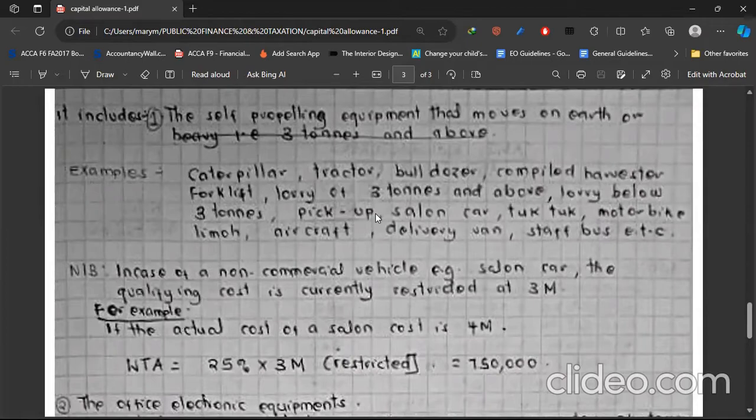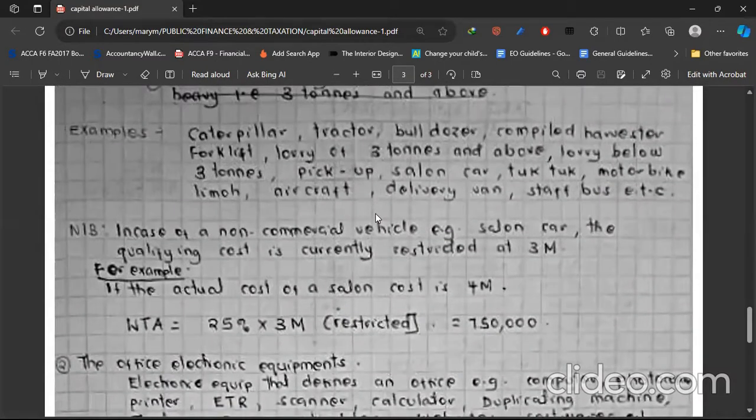But you need to understand the restriction: when we are dealing with saloon cars, they are normally restricted to 3 million Kenya shillings. For saloon cars whose purchase price exceeds 3 million, for example, if you have purchased a car for 4 million, the amount you qualify for capital allowances on will only be 3 million.